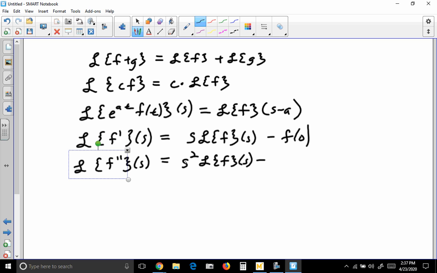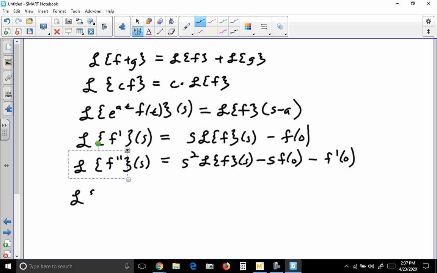We subtract s to the 1 less power times f of 0. We subtract s to the even 1 less power than that, so that would be s to the 0, and we take a derivative of f and plug in 0. So notice the powers of s are getting smaller and smaller, until we have no s's. And here, the first one is a transform, and then from here we have our function, then our first derivative. If we add another one, then it'll be the second derivative, then the third derivative.